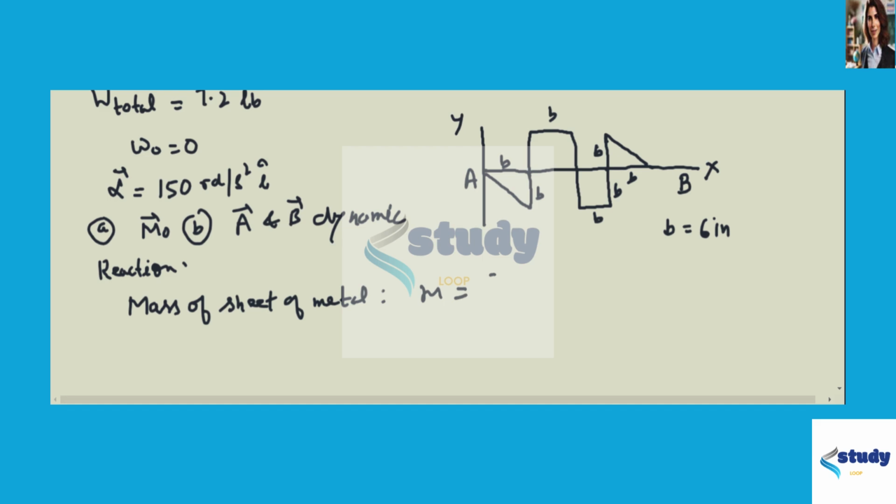It is given 7.2 upon 32.2, that is 0.08385 pound square upon feet, or you may write 0.08385 slugs.